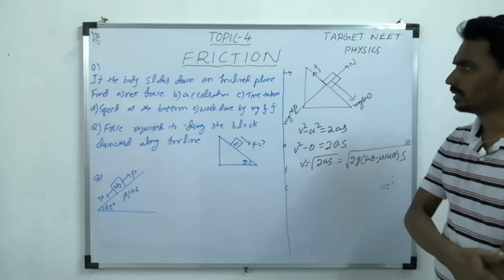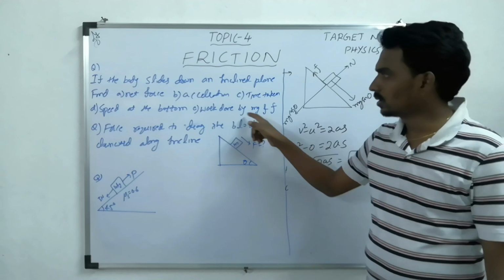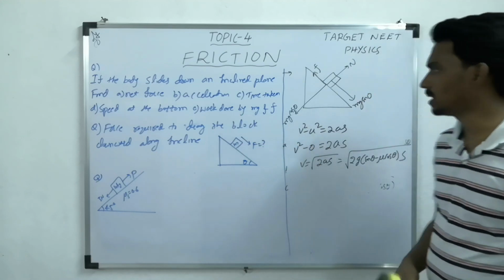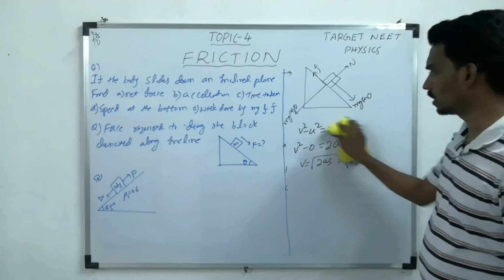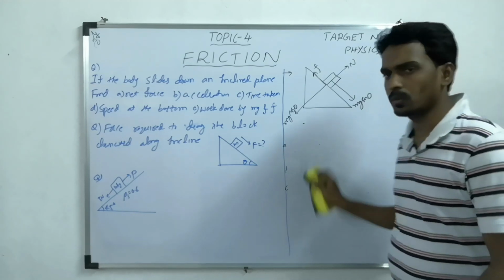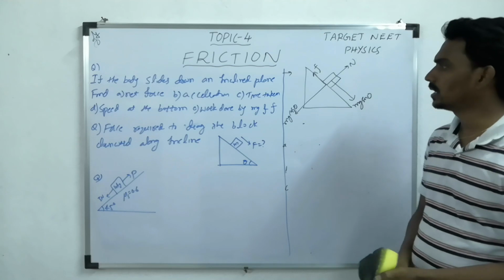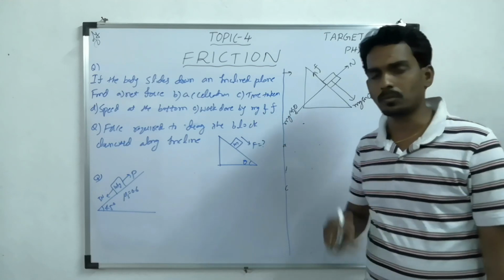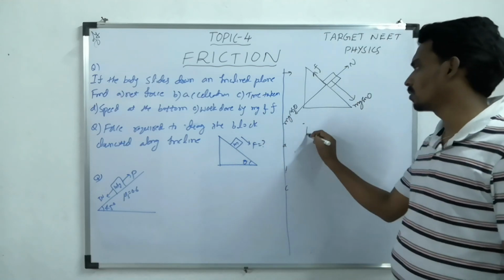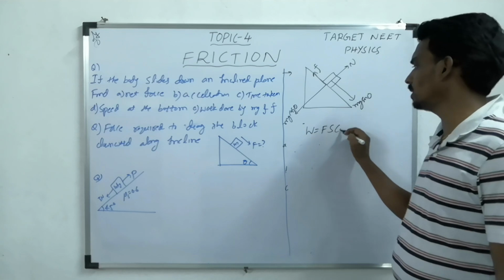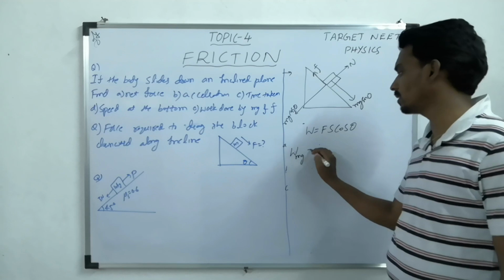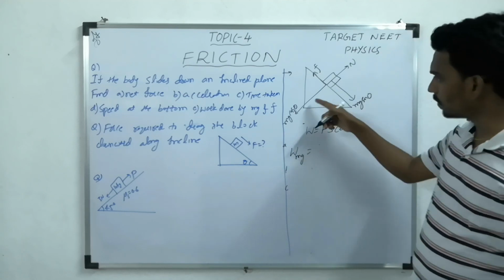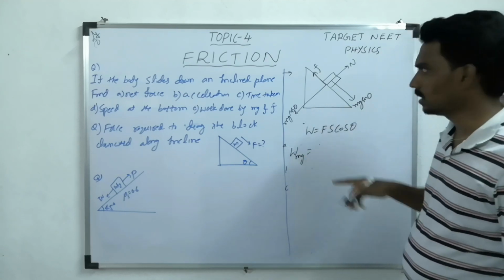Now similarly, you can find the work done by mg and f. Of course, we have not covered work done yet, but you know the meaning of work done. Both forces mg and f are constant forces. So work done by a constant force is fs cos theta. Work done by mg: here mg has two components.